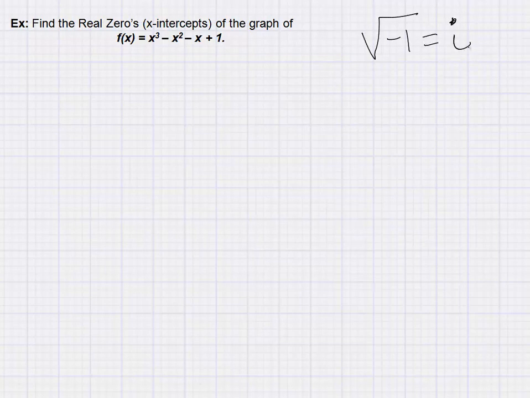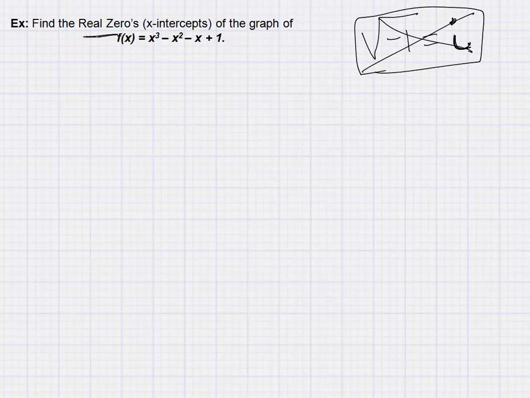You may have seen that, maybe you've never seen it before. We're not going to deal with imaginary numbers at all because graphically they have nothing to do with graphing our polynomial functions, so we're going to just ignore them. So when I say find the real zeros, I'm really just asking you to find the ones that don't include the imaginary ones. If we said just find the zeros for a function, technically that means you can also include the imaginary zeros, but again, we're going to ignore imaginary zeros.